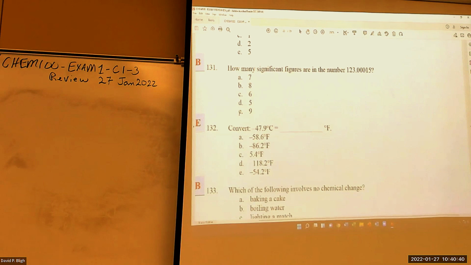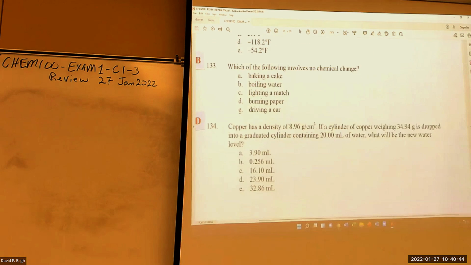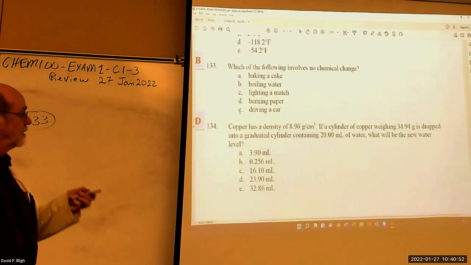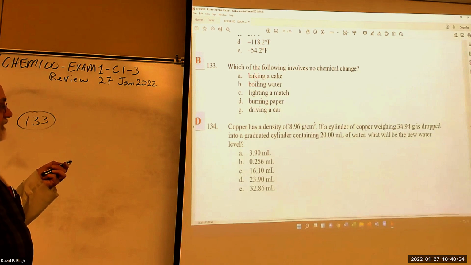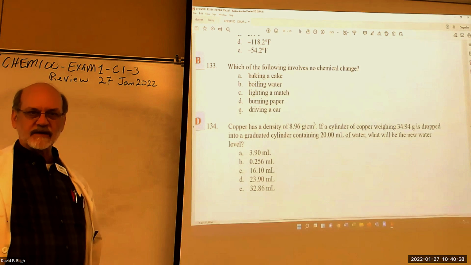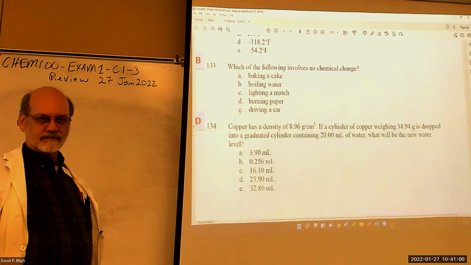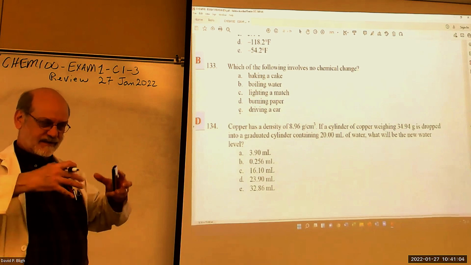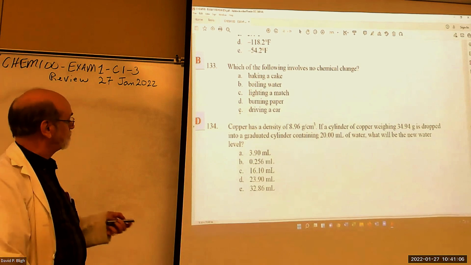133. Which of the following involves no chemical change? Only physical change. Bake a cake? Oh yeah, you're going to have probably baking powder in there, and it'll decompose into gas, make it expand a little bit.